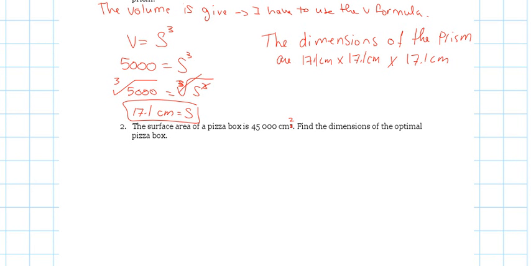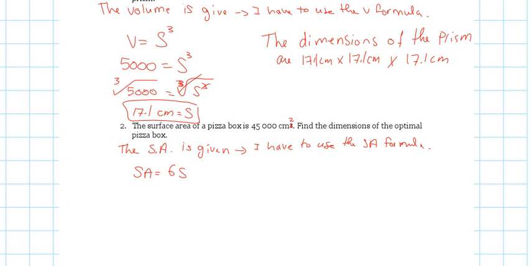So I have to use the SA formula, which is SA equals 6s squared. I know what the surface area is. Now, how do you solve for S?